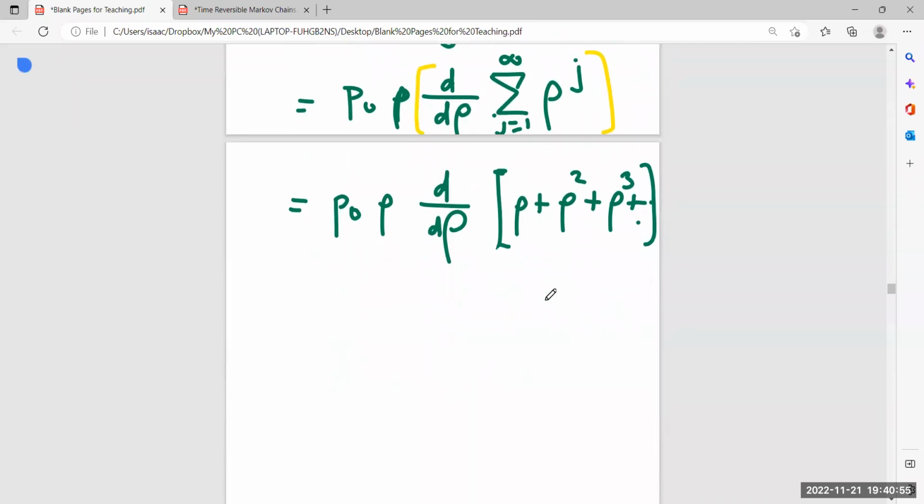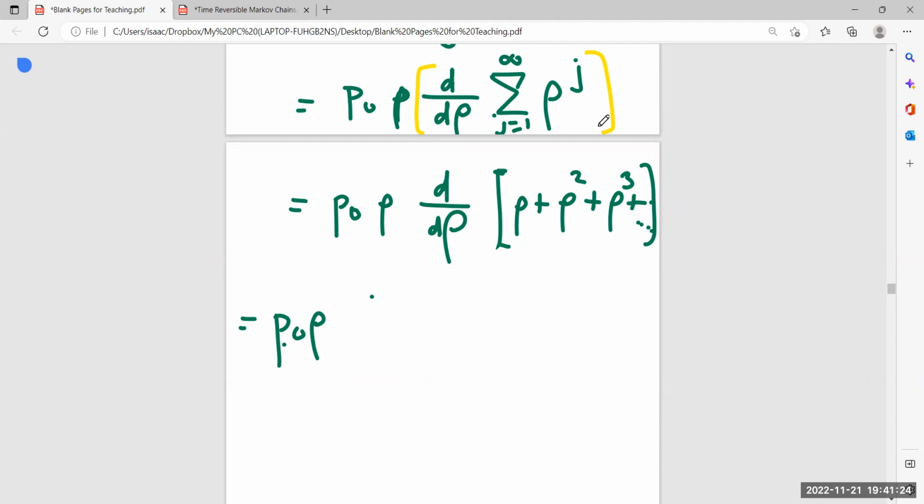Let me just put a few dots there. This is P0 rho, and if I differentiate these terms, now I'll get what? 1 plus 2 rho plus 3 rho squared. Yeah, and I think I made it right.